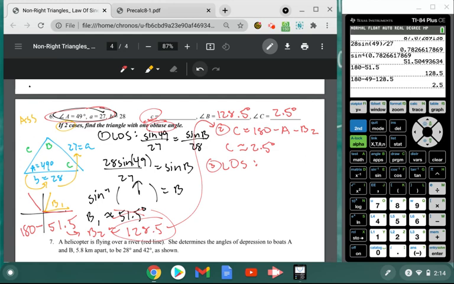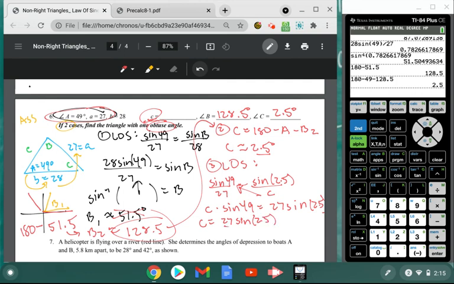So for my law of sines, I'm going to do the sine of A, so 49 over side A, 27, is equal to the sine of angle C, 2.5 over side C. So if I do some cross multiplying here, I get C times the sine of 49 is equal to 27 times the sine of 2.5. So C is 27 sine 2.5 divided by sine 49.